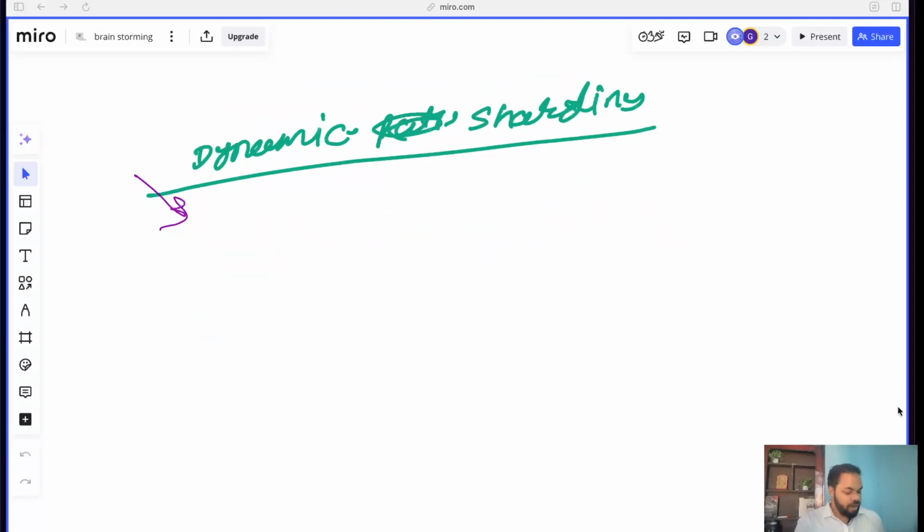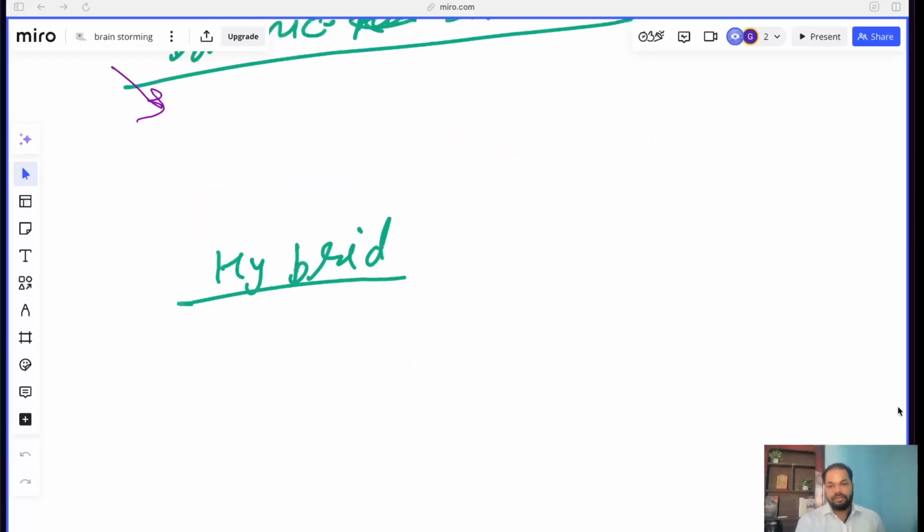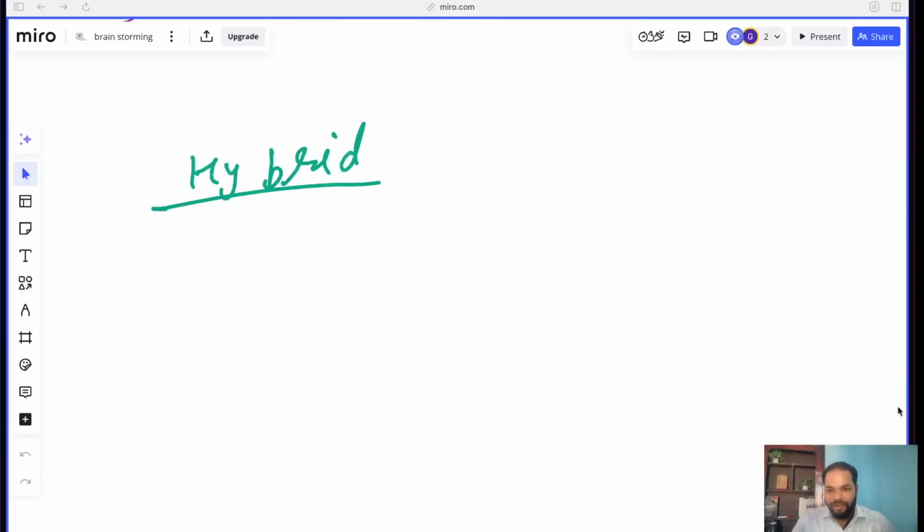And then the final one is hybrid. We look at the many advantages of different sharding techniques, and you can utilize all of them in hybrid sharding. So what happens?